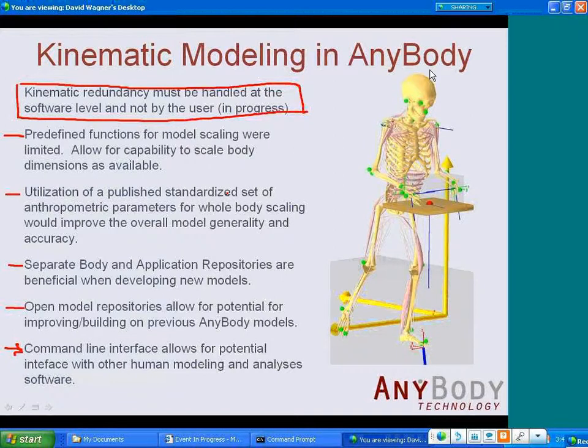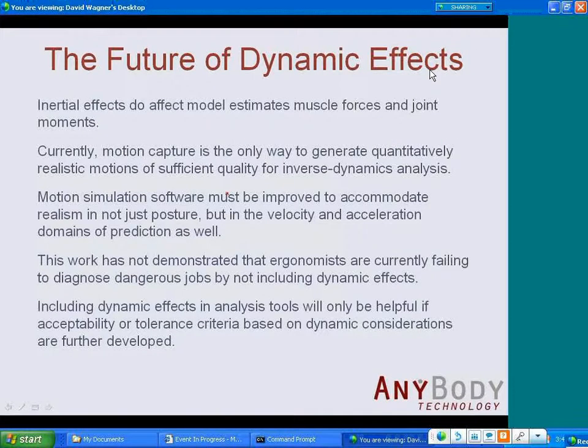So what is the future of dynamic effects? We definitely saw that inertial effects do affect model estimates, much as the other authors that investigated this previously saw.